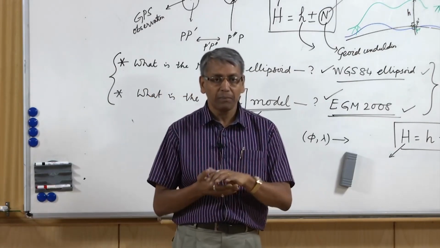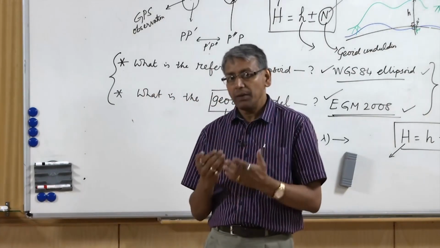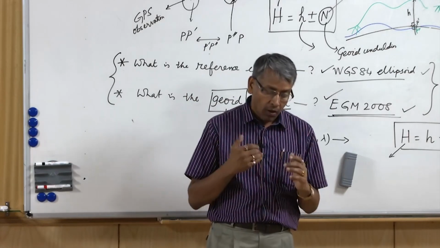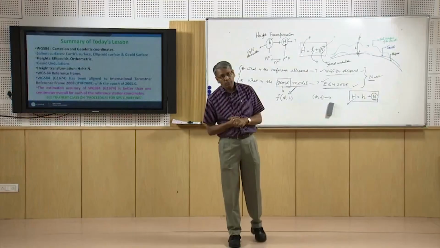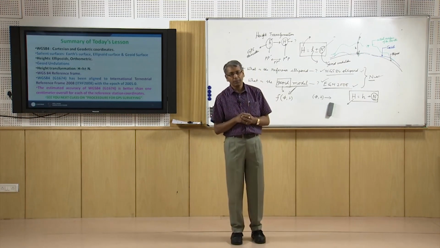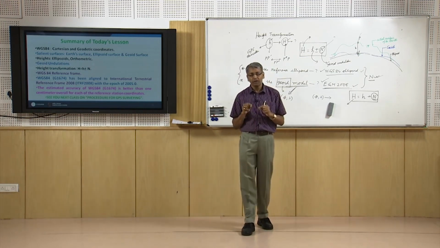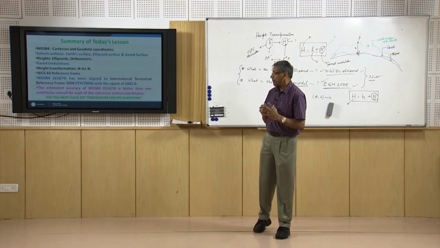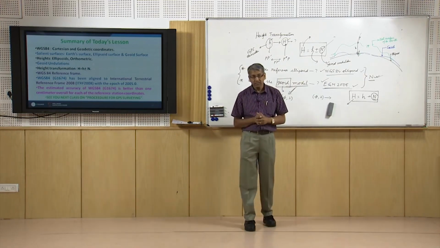Geoid undulation is nothing but the separation between ellipsoid and geoid, and nowadays online facilities are available to compute its value if we feed in the latitude and longitude of the place, and select the ellipsoid and the geoid model. From there, using capital H equal to small h plus minus N, we can get the orthometric height. That is all about today's class.